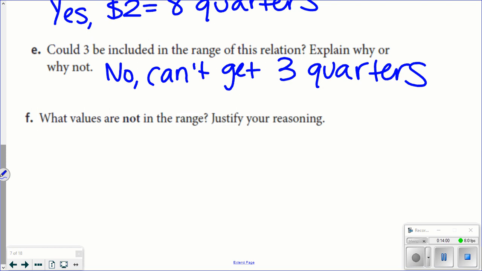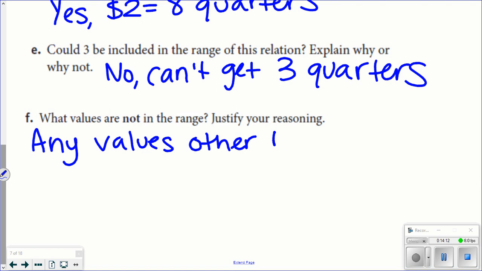What values are not in the range? Again, there are a lot of them. So let's say any numbers other than these. If I put in $0, how many quarters do I get back? 0. If I put in $1, how many quarters do we get? 4. $2, we get 8 quarters.